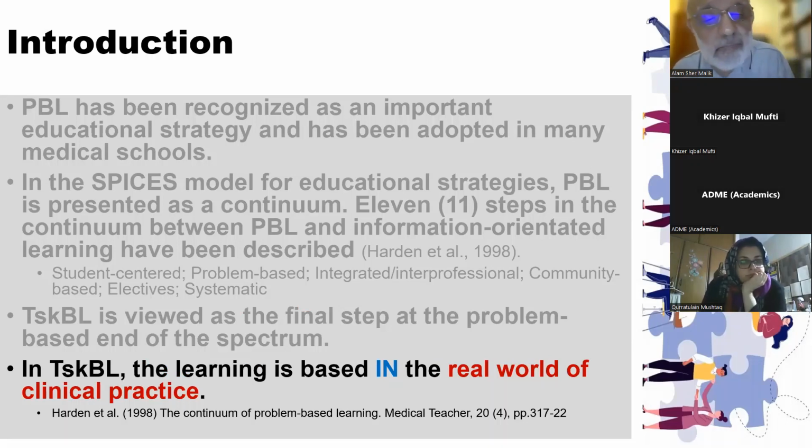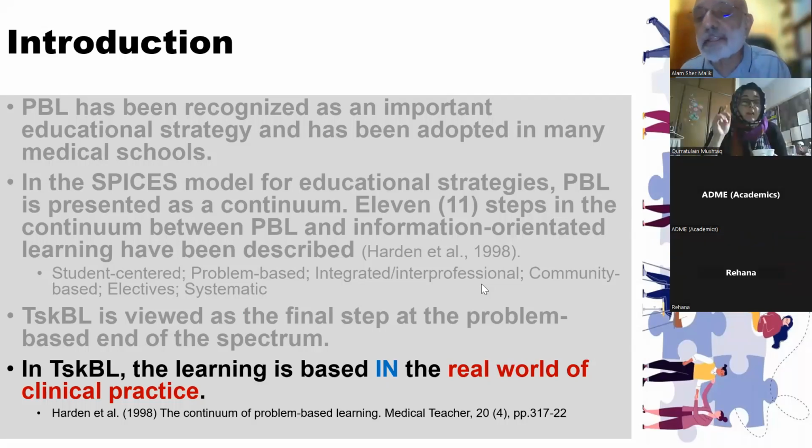In task-based learning, the learning is based in the real world of clinical practice, which means that it is basically in the wards. For clinical students, they learn really in the real world, in clinical practice.